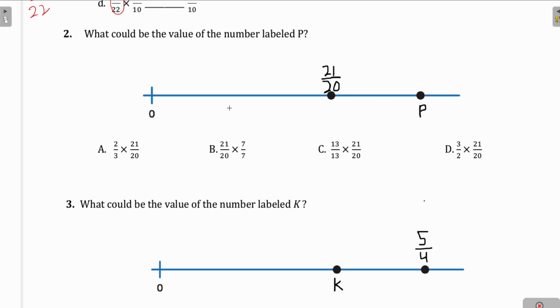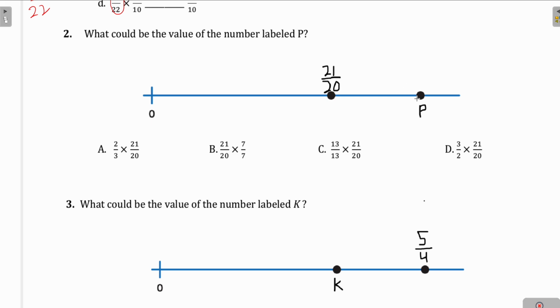So in this number line, it goes from 0 to increase in order. It could be 1, 2. It goes infinitely towards greater numbers, right? So P is greater than 21 out of 20.